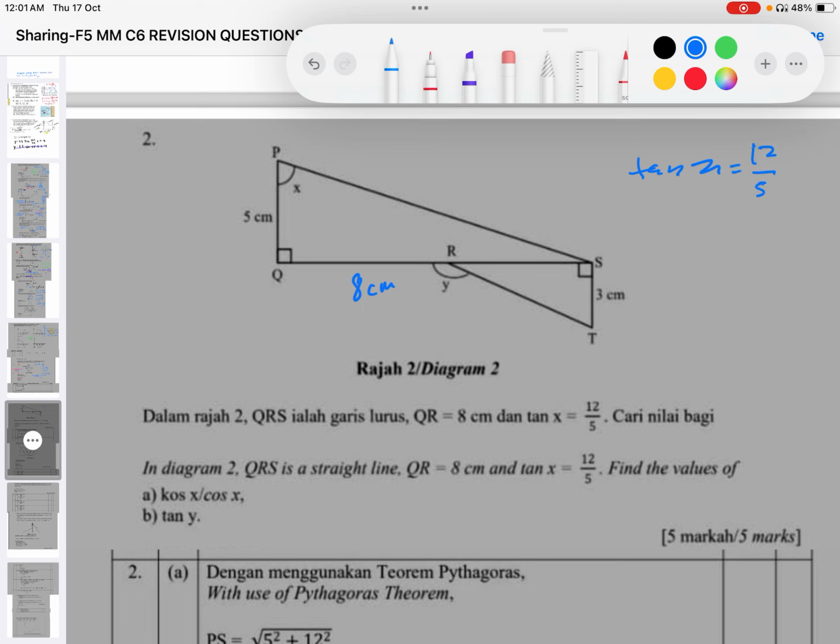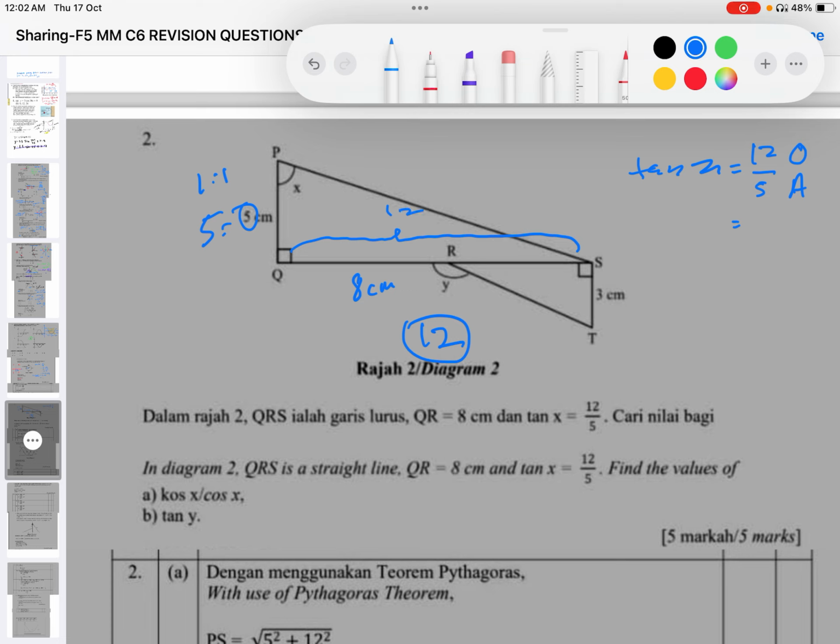12 over 5 will be opposite over adjacent. So opposite will be 12 overall and adjacent is 5. So if you see 5 is equals to 5 over here, so it's going to be 1 ni sebelah 1. So ni adalah 12 overall ni in real state.